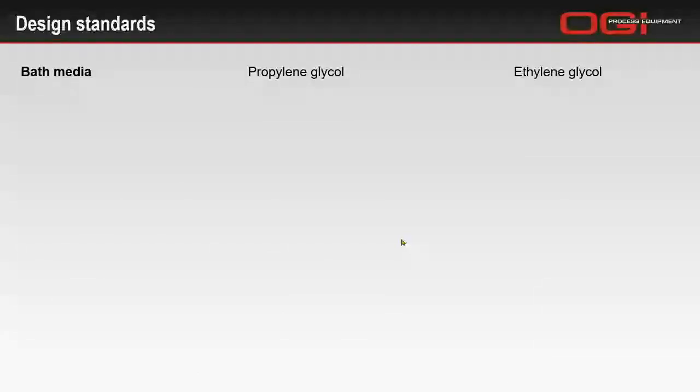In our comparison, we're going to take a look at the heat transfer properties of each glycol. The first thing we're going to look at is the thermal conductivity. Basically, this is the ability of your glycol to absorb and release energy, and with a higher K factor, glycol has just a better ability to do that.